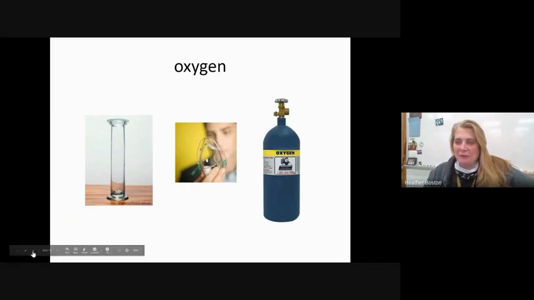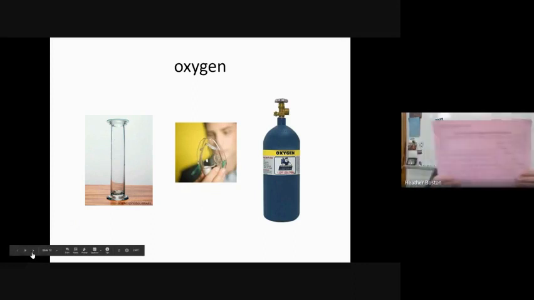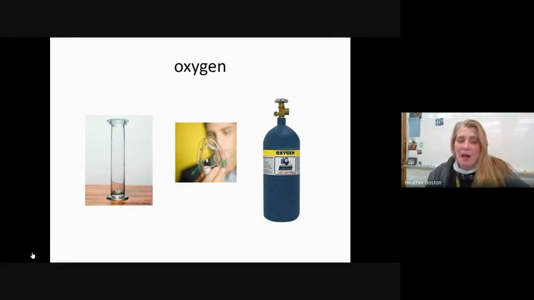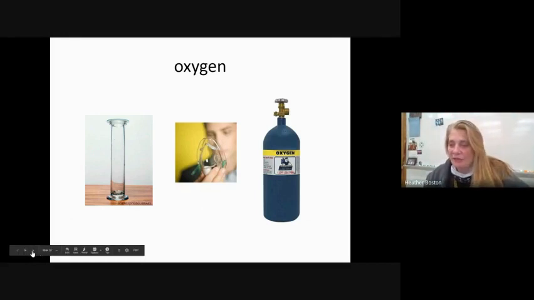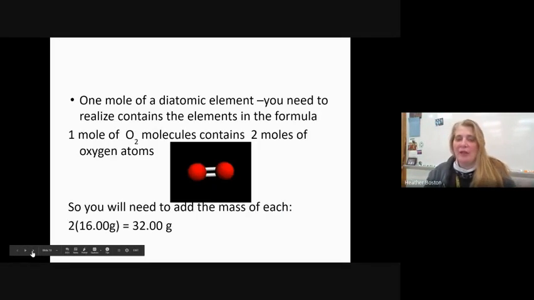Now, oxygen, if you remember, is one of our diatomic elements, our HONClBrIF elements. That means that when you look at oxygen on the periodic table of the elements, you'll see that it has a mass of 16. But if we're talking about oxygen gas, we know that it's O2 and not just O. So in order to get the molar mass of oxygen, you will need to add up the mass of each.